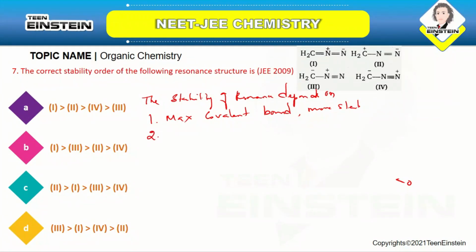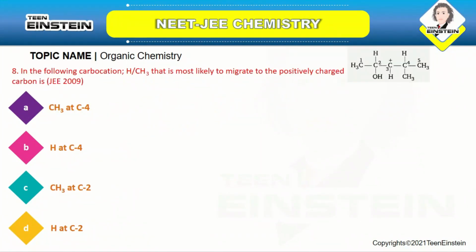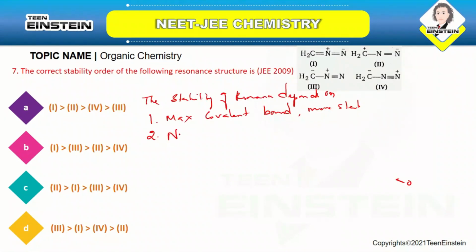The second one is negative charge on an electronegative atom. So N, that is nitrogen, is a more electronegative atom than carbon. The third is minimum charge separation.